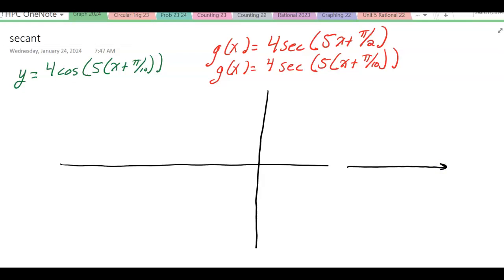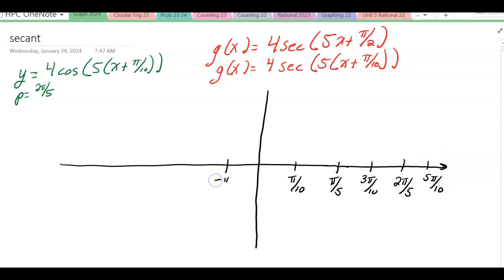So for the cosine graph, I know the period is 2 pi over 5. So I'm going to mark the period. I'll cut that in half, cut that in half. So we have 1 pi over 10, 2 pi over 10, 3 pi over 10, 4 pi over 10, this would be 5 pi over 10.